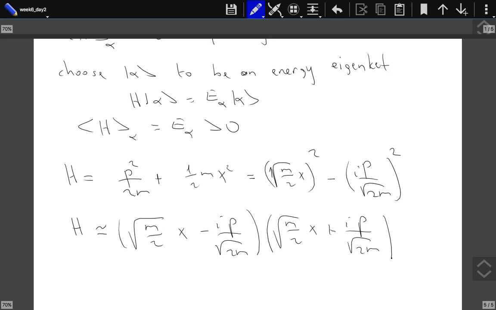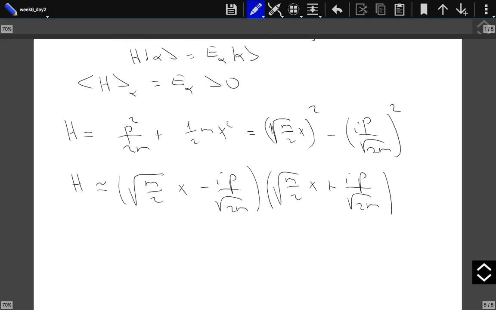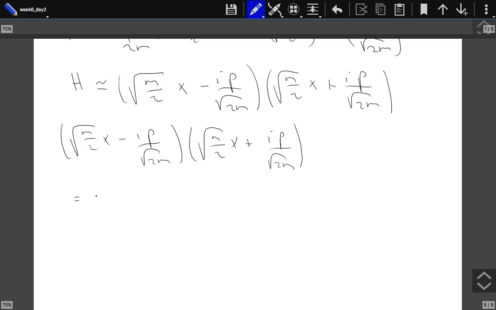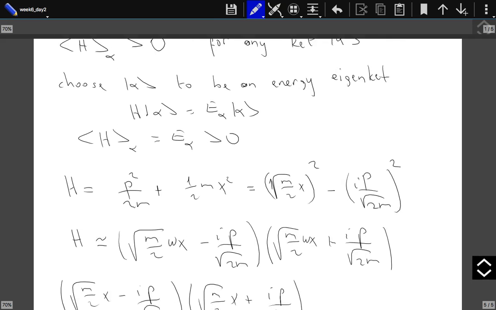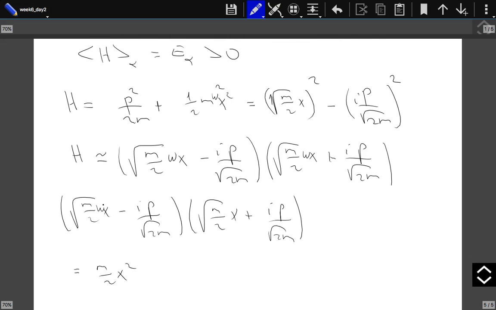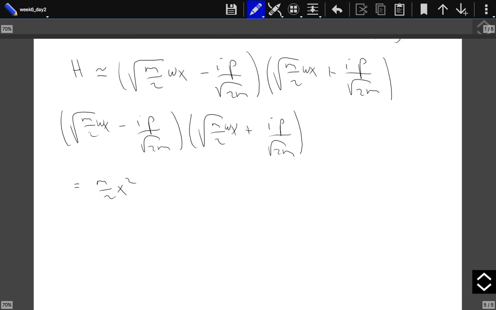I'm not putting an equality sign because, you see, if you just calculate that product, this gives you m omega squared over 2 x squared. Sorry, I have an omega over here. The product of the first terms is this one.